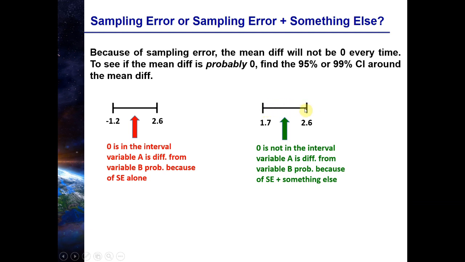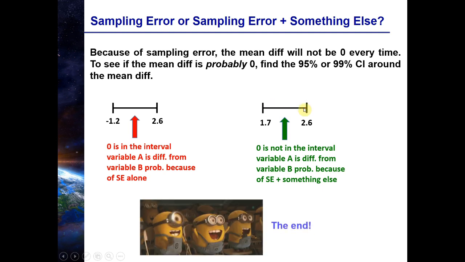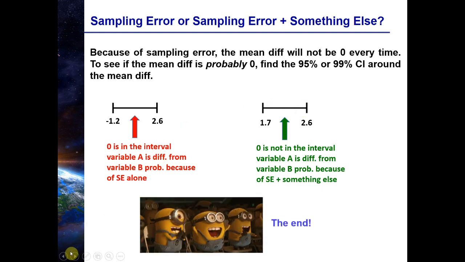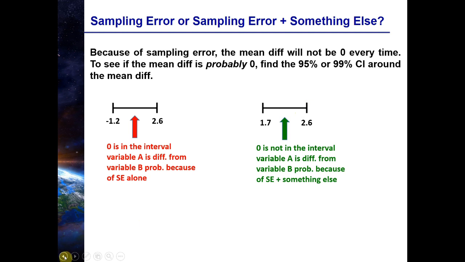Because 0 is an unlikely event, you would have to argue that it went way against the odds. 0 is over here, and 95 times out of 100, we've drawn this interval correctly. Mu is actually here. It's not 0.